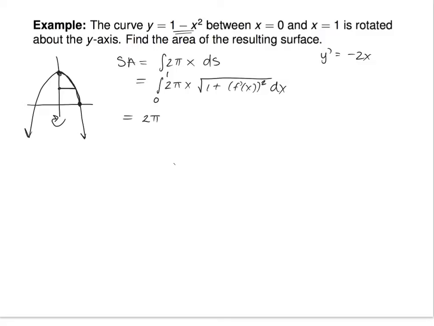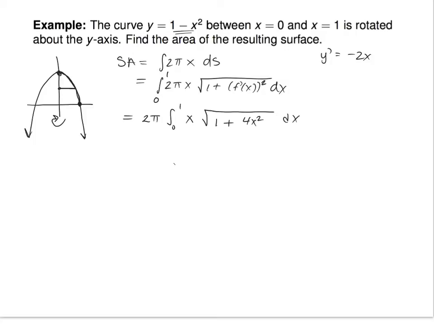So I have 2 pi integral 0 to 1 x root 1 plus 4x squared. Okay, and from that, can you solve it? What would you do? I did that. But how about the x times root 1 plus 4x squared?